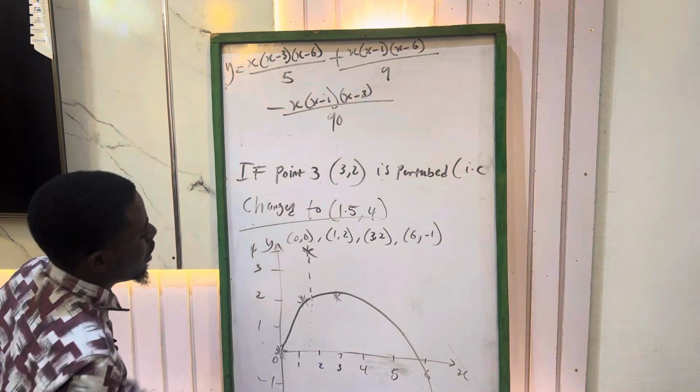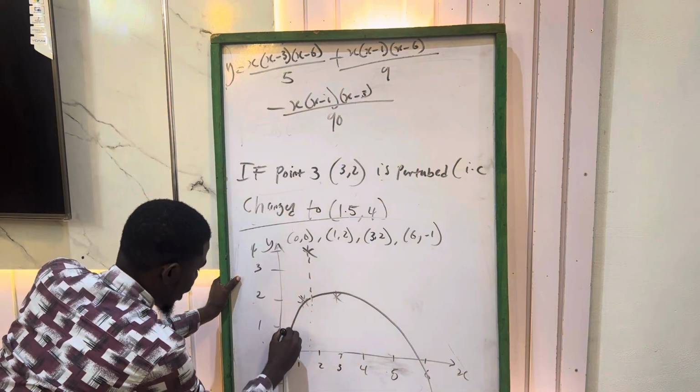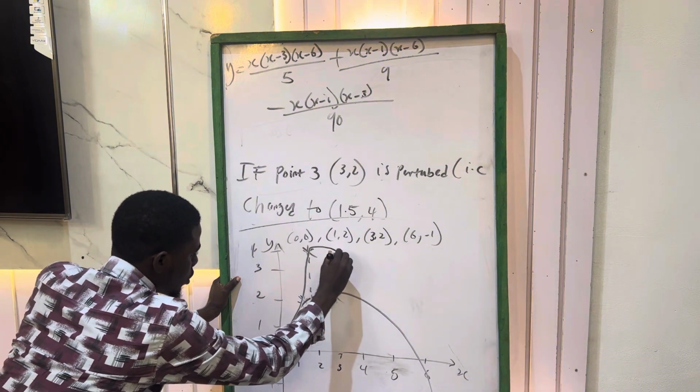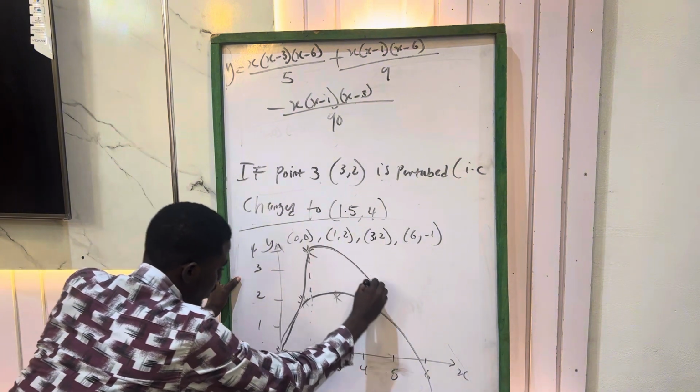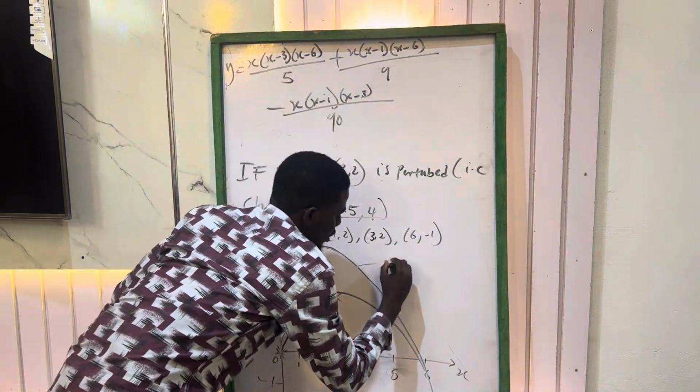So if it's our third point, it means that our curve will now be something like this. That will still pass through point 2, go to this new third point, then curve down and come back here.